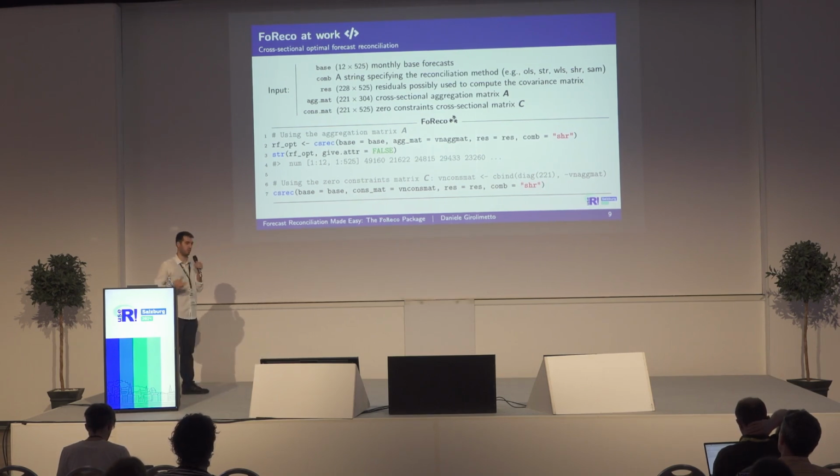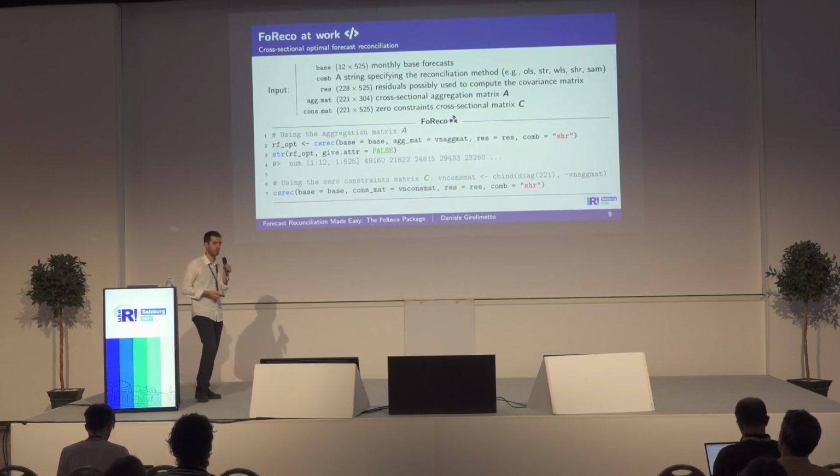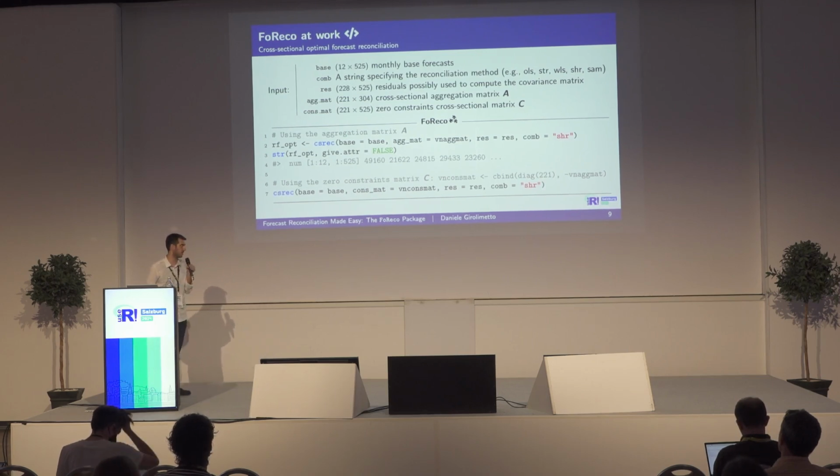And then we can choose: you can give to the function the aggregation matrix, A, or just the constraint matrix C, as you can see here. Here we are using the aggregation matrix, and here we are using the constraints matrix. There is no difference, so the final results are equivalent.